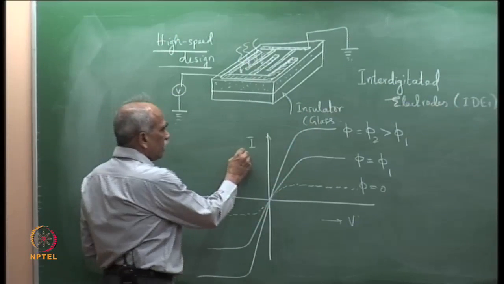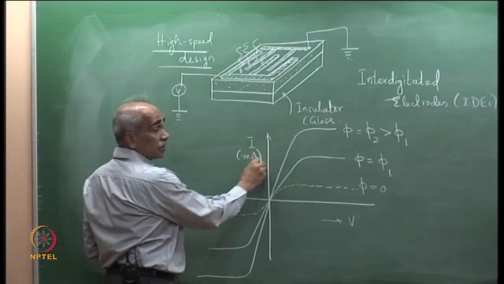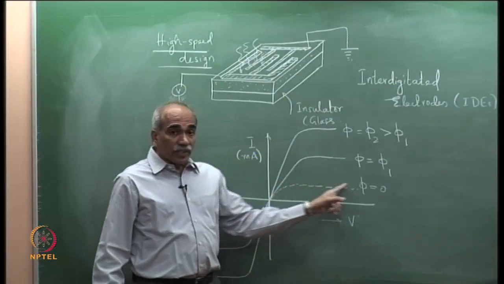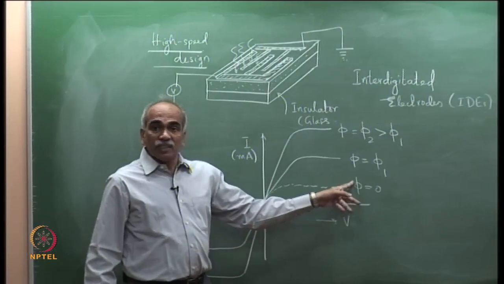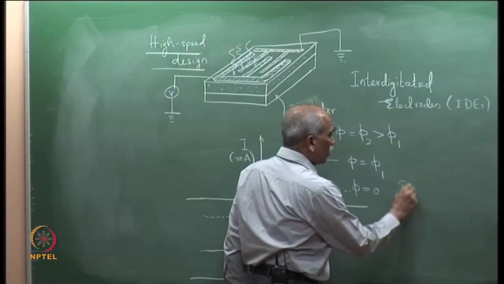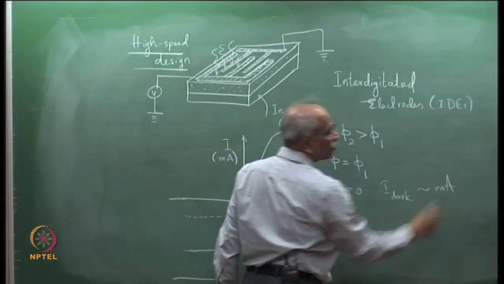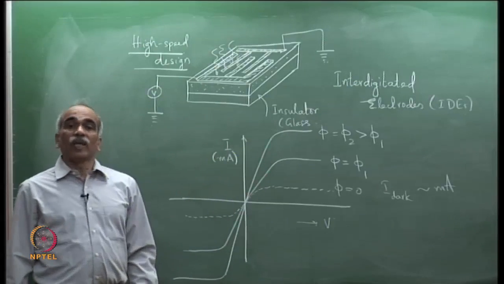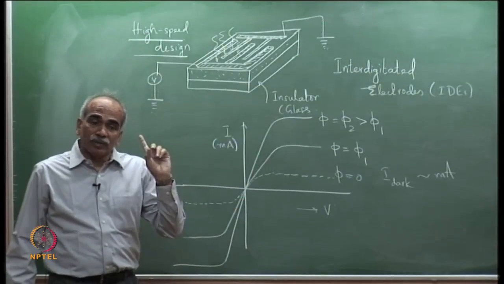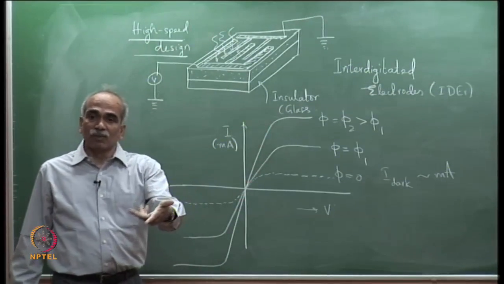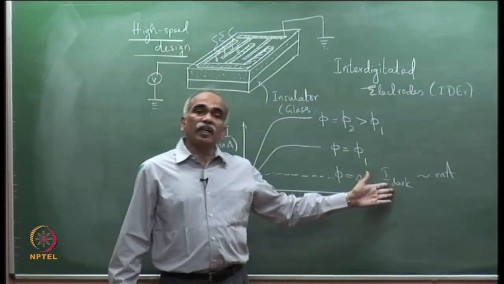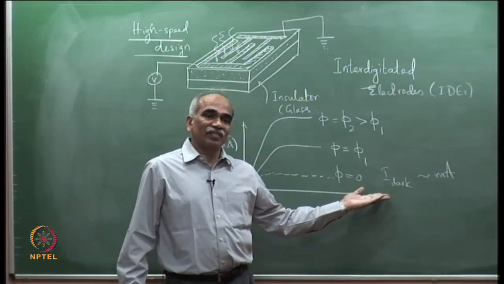The current here is in milliamperes, including the dark current. Please see the dark current, I dark, is also of the order of milliamperes. Whereas, in the case of a reverse biased photodiode, the dark current is of the order of microamperes.